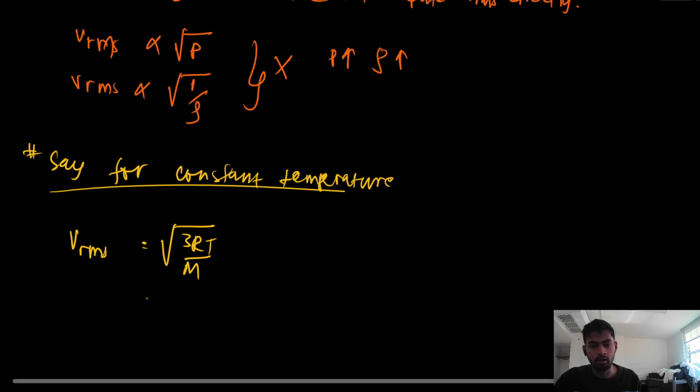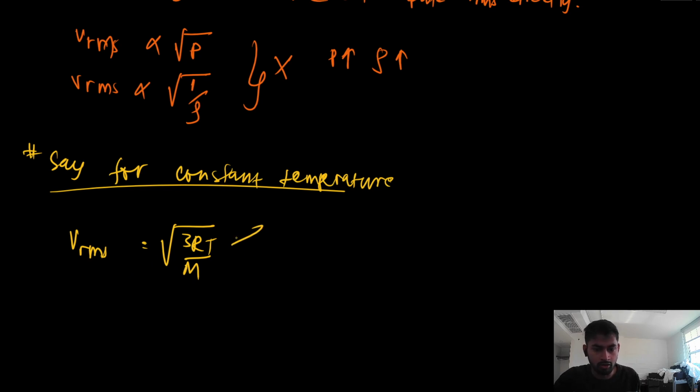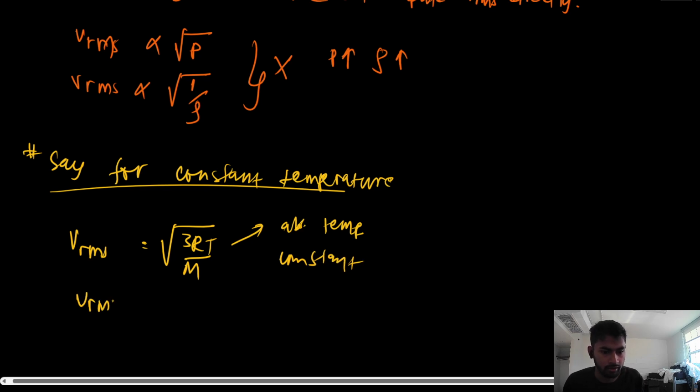Now, if we assume that temperature, which is absolute temperature, is constant, then Vrms would also be constant.